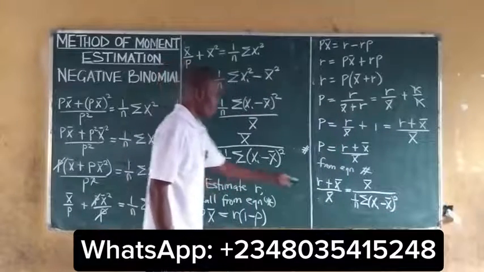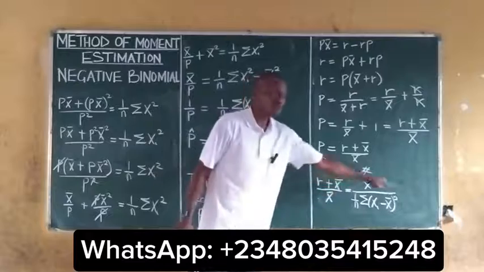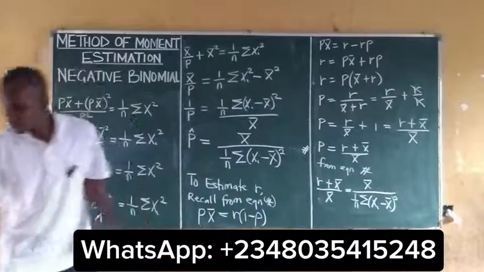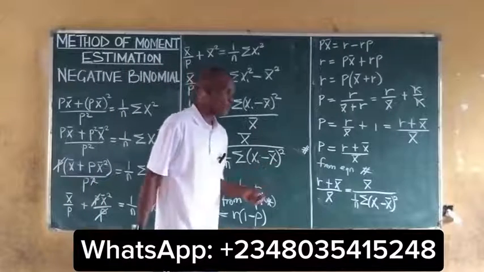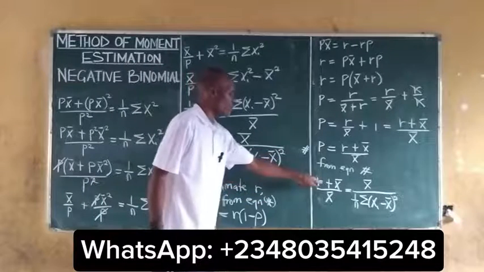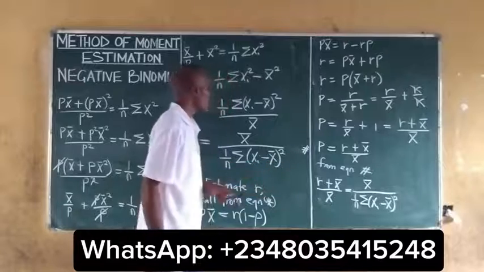So this will come over here, while this will go over to the other side. So that is how to estimate for R. But how do we make R the estimate? That is what we are about to do.